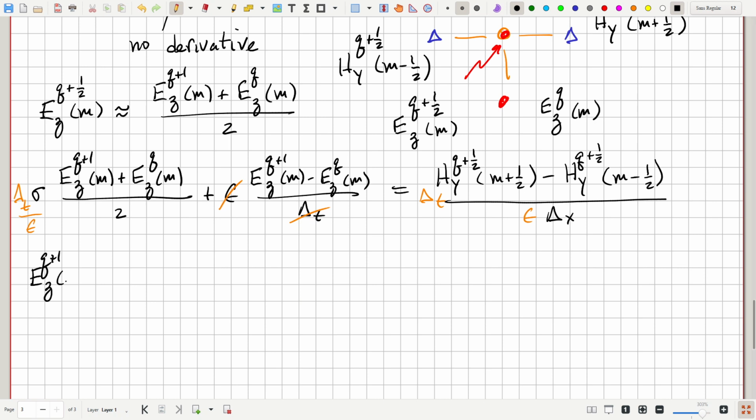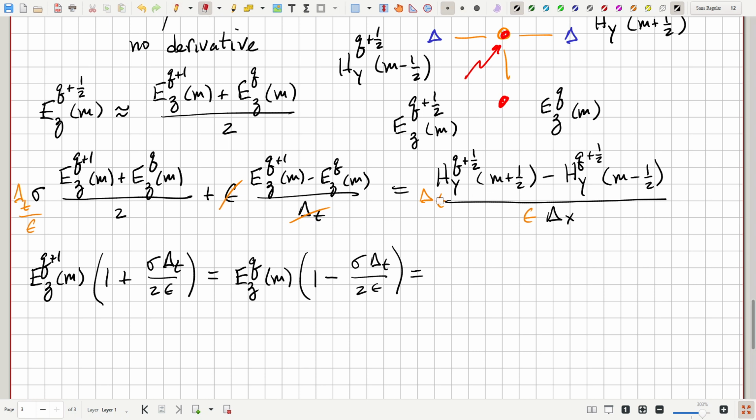Ez at time q plus 1, position m, times 1 plus sigma delta t over 2 epsilon, is going to be equal to, now we're going to take the Ez at time q and move it to the other side, so this becomes 1 times Ez at q, position m, and then this plus becomes a minus, so it's minus this same term, sigma delta t over 2 epsilon.